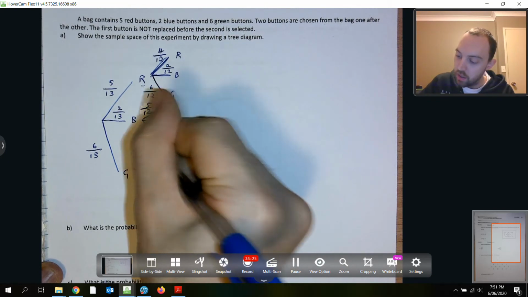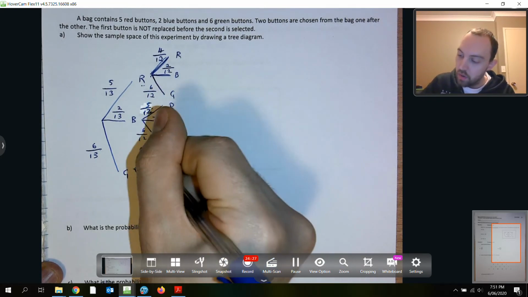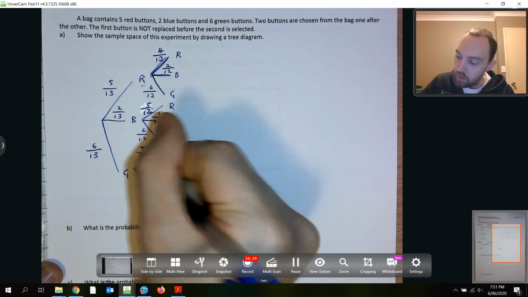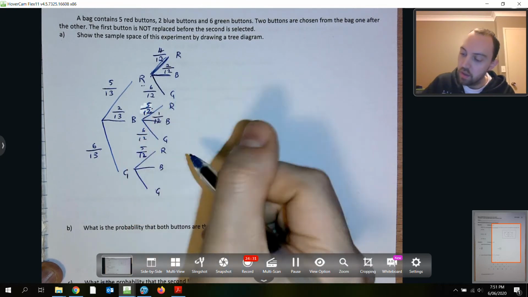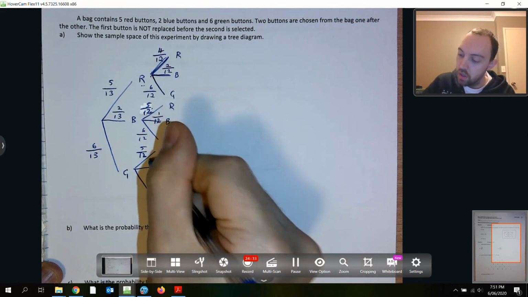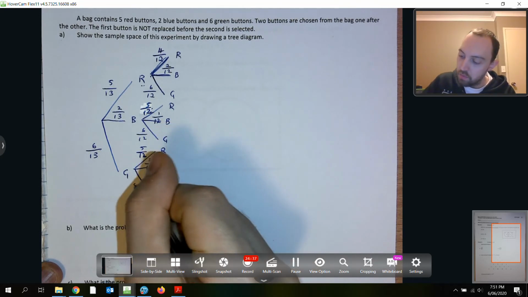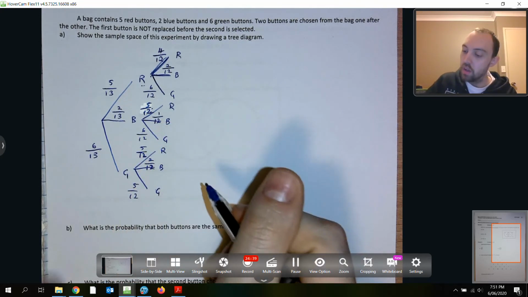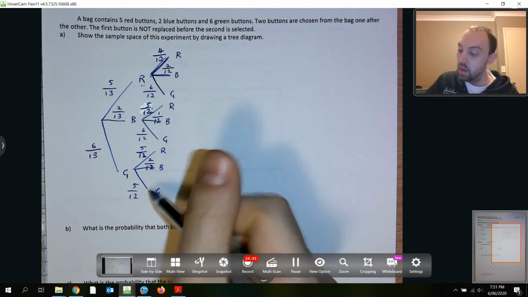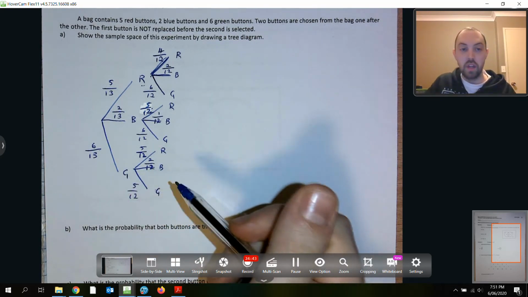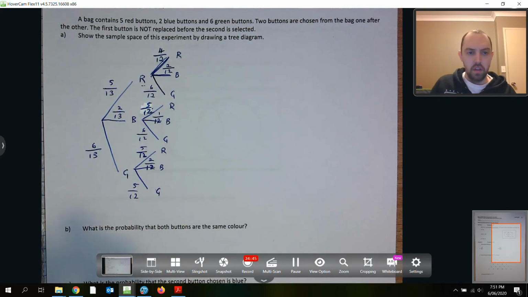Green, there is 6 out of 12. 5 out of 12. Red, if I've chosen a green, 2 out of 12 I've chosen blue, and 5 out of 12 I'm choosing a green if I've already chosen that green. Not my best tree diagram.